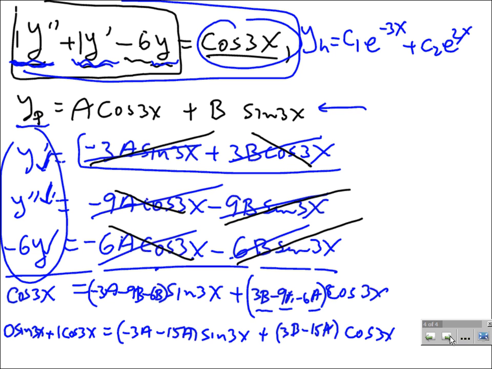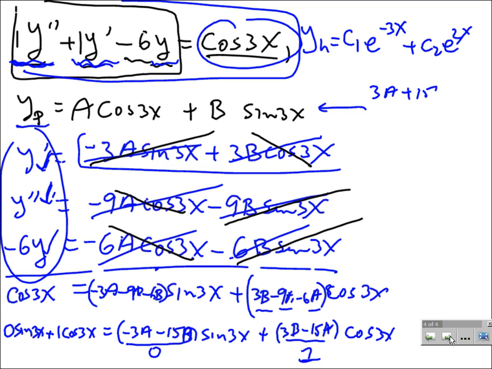Okay, so now this must be 0 and this must be 1. So 3a plus 5, of course, negative 9b minus 6b is negative 15b.